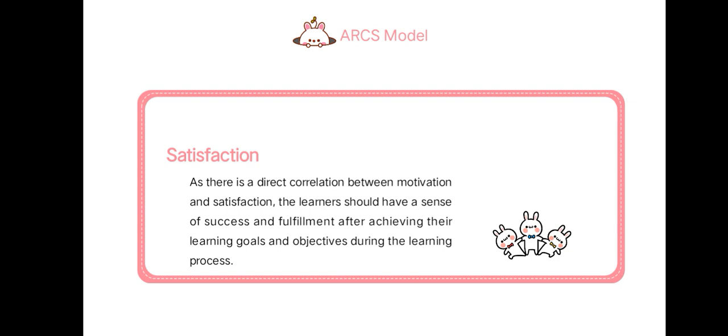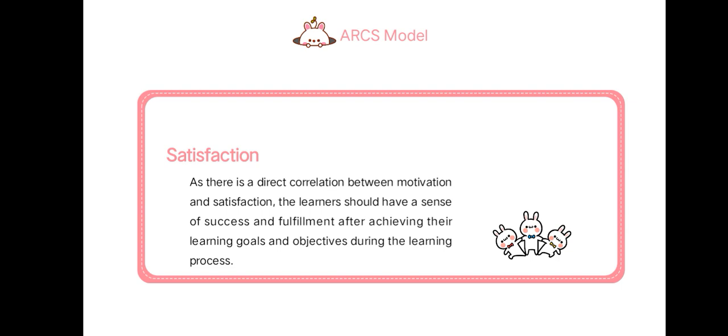So that was the last component of the ARC model. No? Always remember, class, in this topic we have three types of the model, no? The first model is the ADDIE model, no? Remember that these models are used for instructional design.